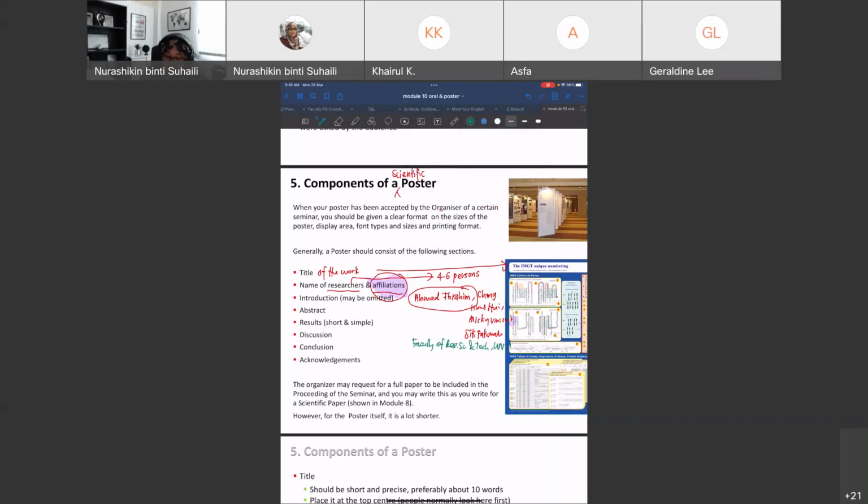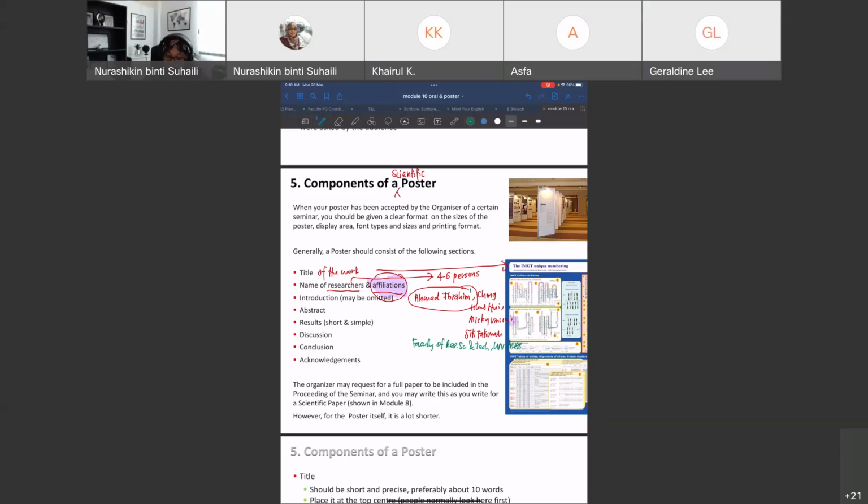Let's say Siti Fatimah here is from UPM. Maybe Dr. Chung collaborates with her and she is from UPM. So how to label it? If they are from different institutions, at the names here you must include a superscript.